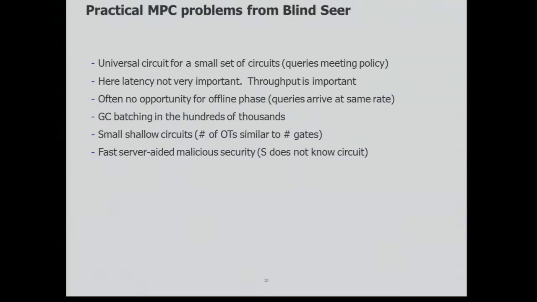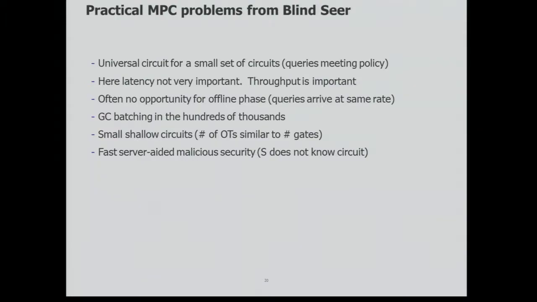What I said earlier is that the policy topology is leaked. Let's say there is a policy that says you can ask this query or this query or this query. I want to hide which query I'm asking. So the circuit that I'm sending as the client, you should not be able to tell which of the 3 policies I'm executing.